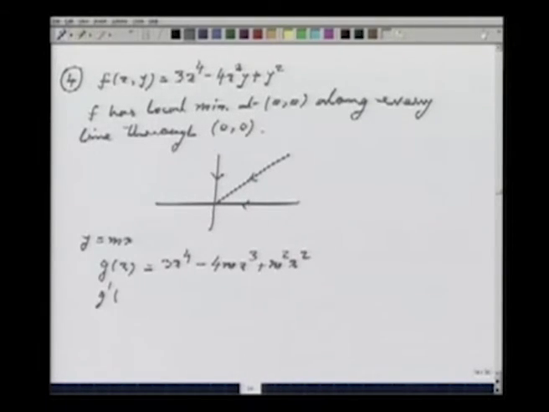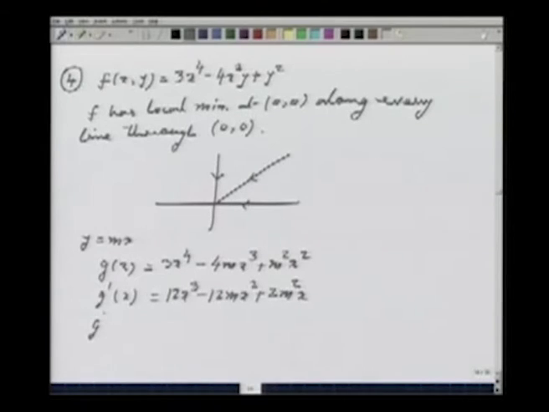So g prime of x is 12x cubed minus 12m x squared plus 2m squared x. This certainly means that 0 is a critical point because I can take x common.